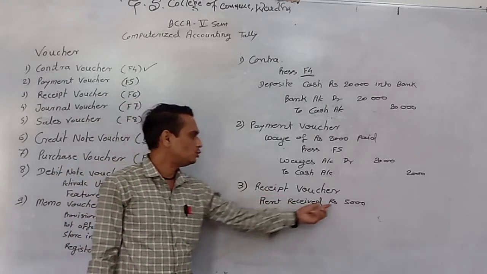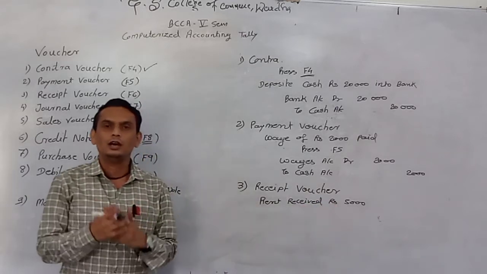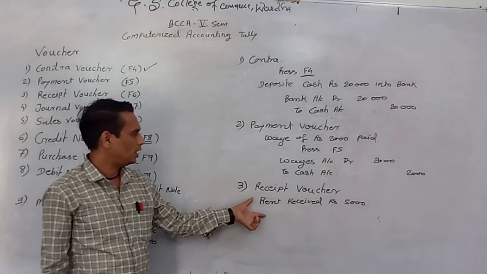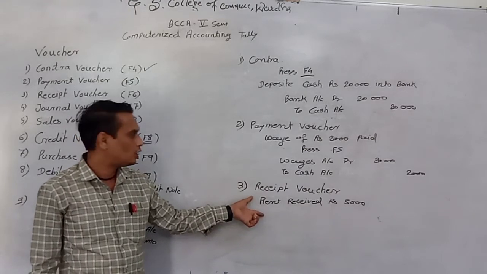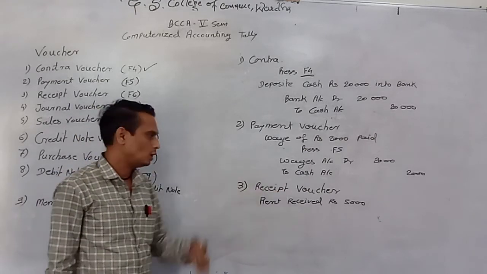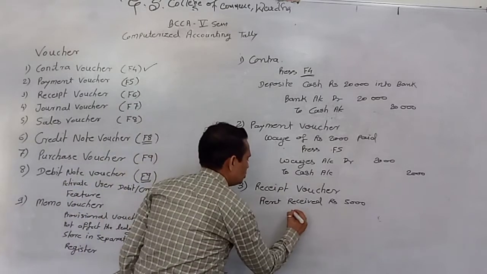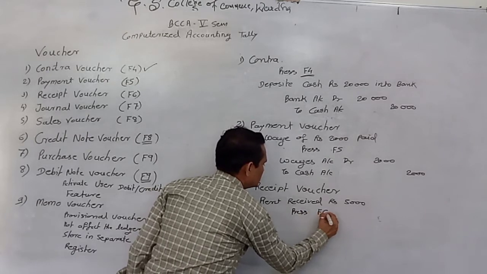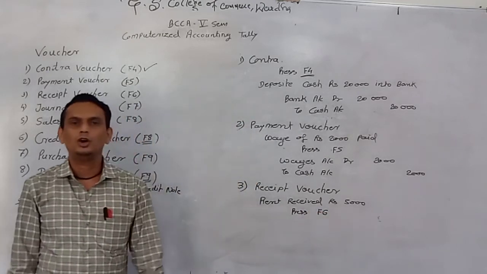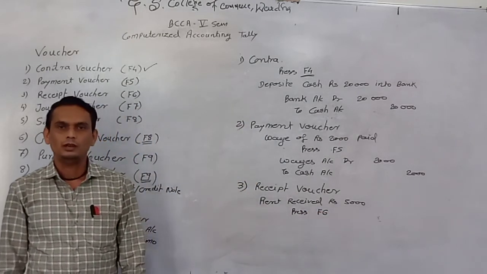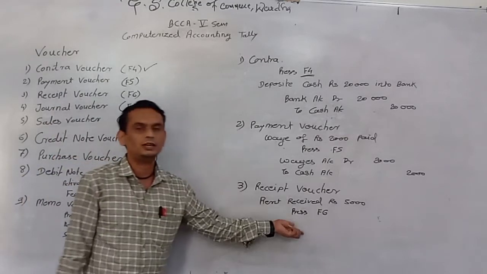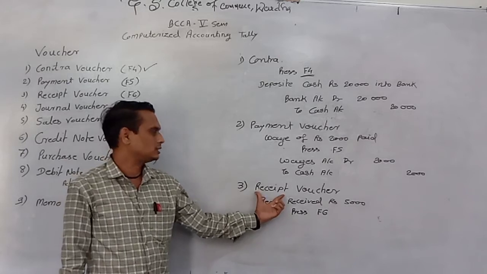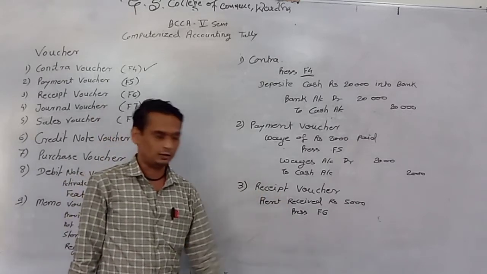So rent received rupees 5,000 means in the form of rent we get cash. This type of entry can be recorded in a receipt voucher, and for the receipt voucher press the F6 function key on the keyboard. After pressing F6, the screen will be displayed. That screen is called the receipt voucher screen.